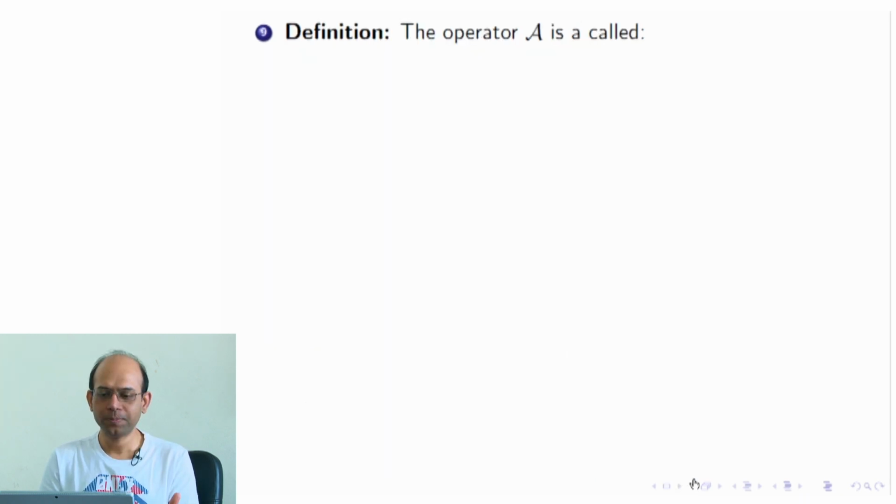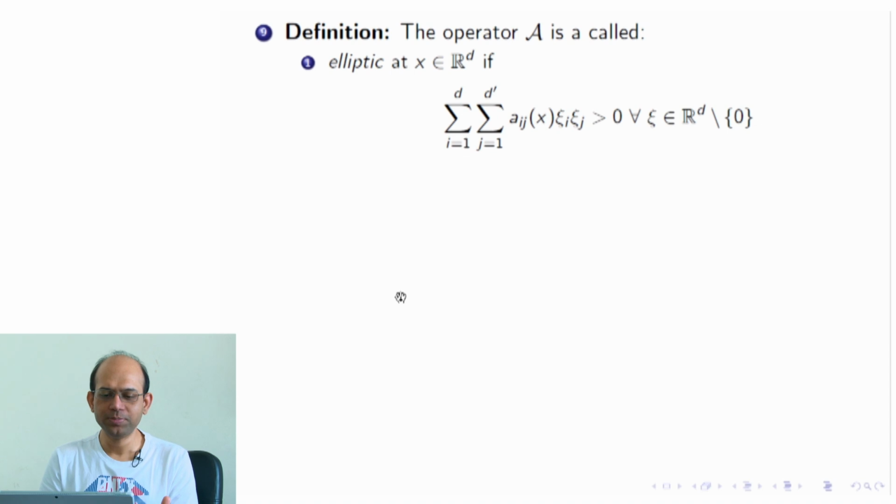The operator A is called elliptic. This is another definition of some classes of operators. An operator A is called elliptic if at each and every x, the sum of a_ij(x) xi_i xi_j, this is nothing but the quadratic form, correct?